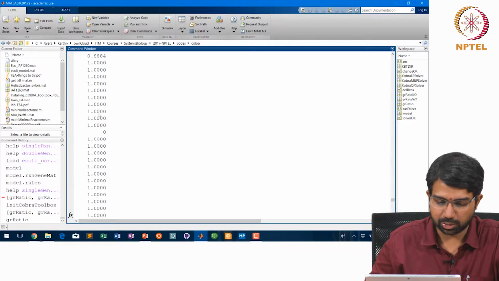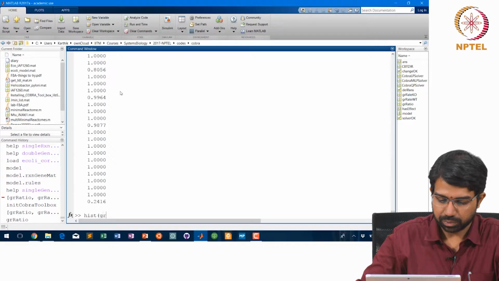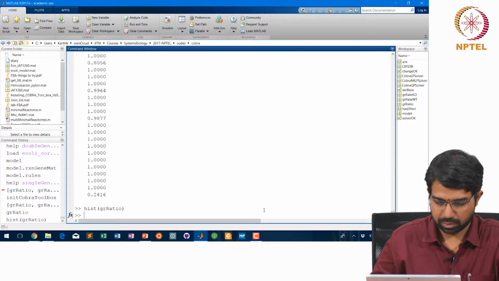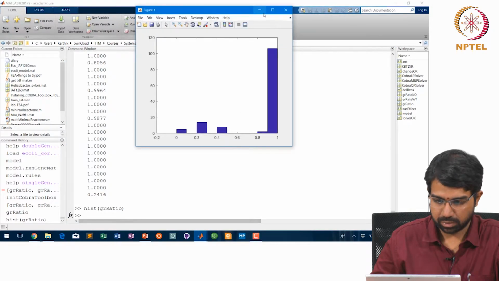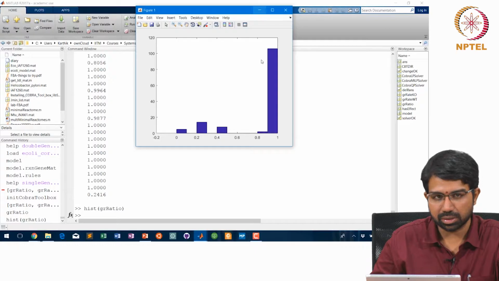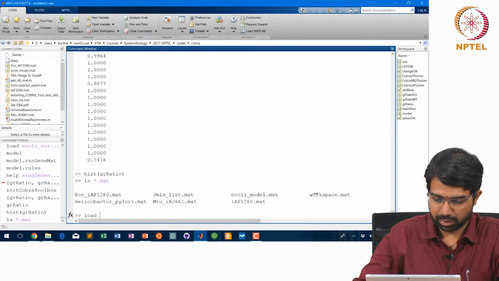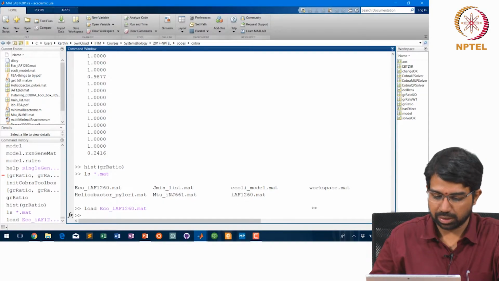For many you find it is 1.0, you find a few zeros as well. So, this is the distribution. There are a few lethals, few sick deletions, few very lightly sick deletions, and many non-lethal deletions. So, will those in the middle also be considered as lethal? No, none of those are lethal.